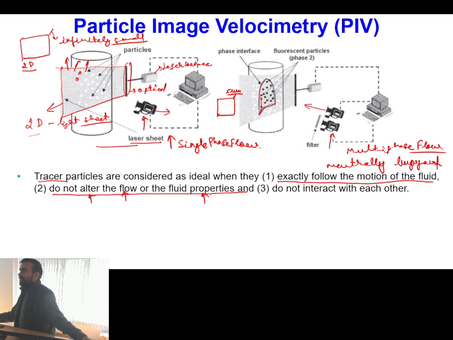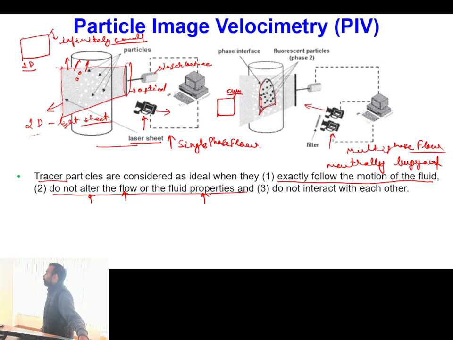But if in the same pipeline you have seeded 1 million particles, or 10 million particles, what will be happening? Your particle concentration within the pipeline will be increasing, and particle-particle interactions will also become significant.